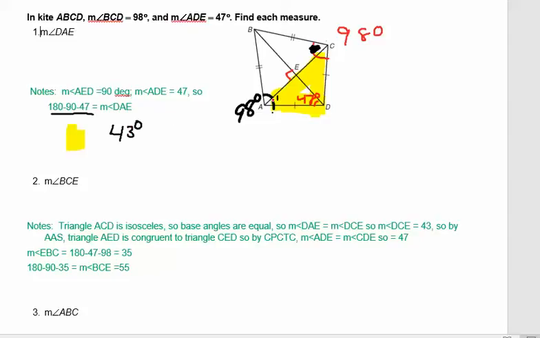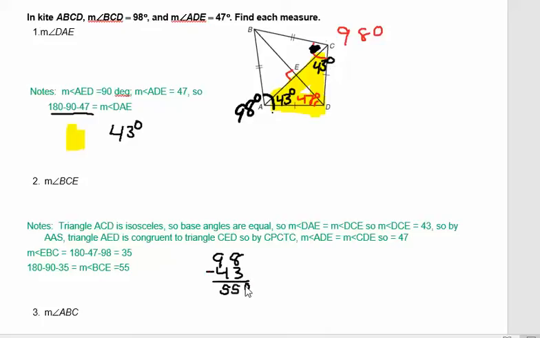So this is 43, which means that this up here is also 43 degrees because base angles are equal in an isosceles triangle. So now we can take 98 minus 43, and we get our answer.